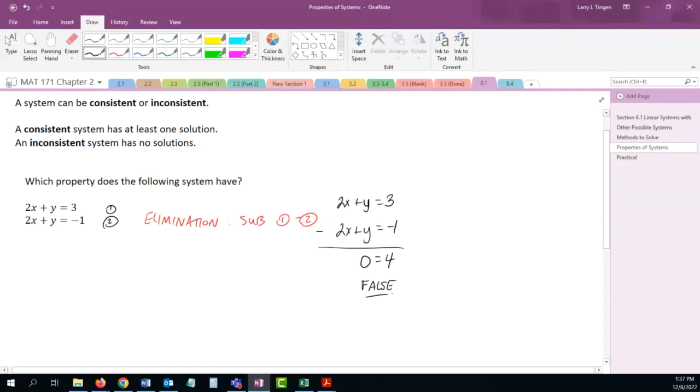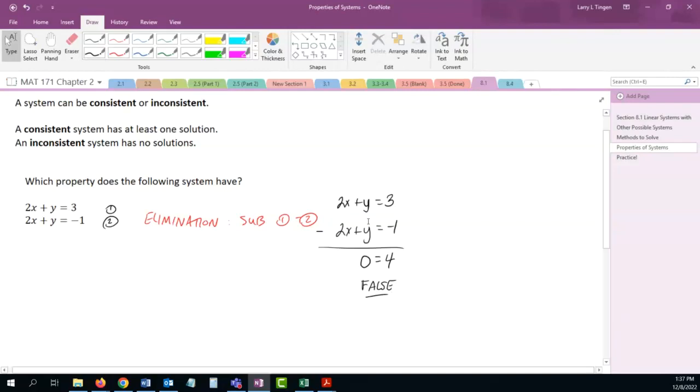All right, so if all the variables fall away, your system is either dependent or inconsistent. In one case, it has no solutions. In the other case, it has infinite solutions.